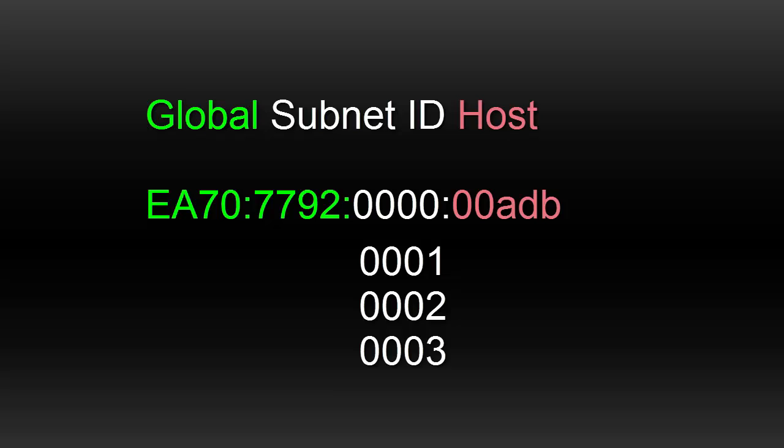Now, just to give you a fictional IPv6, let's just say it's EA70 7792 for the global, and the subnets are all zeros, so there's our first one. We can have pretty much as many as we want, but we don't want that many, so we're just going to limit it down to 4. So we have the first one automatically right there.